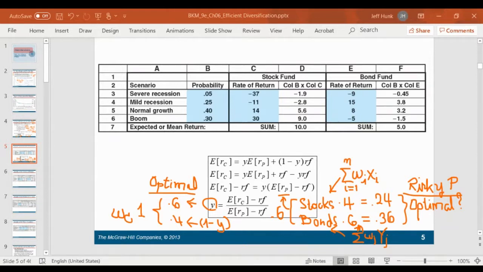So we're going to find the expected return on the risky portfolio, the standard deviation of our risky portfolio, and the covariance and correlation between stock portfolio and bond portfolio.